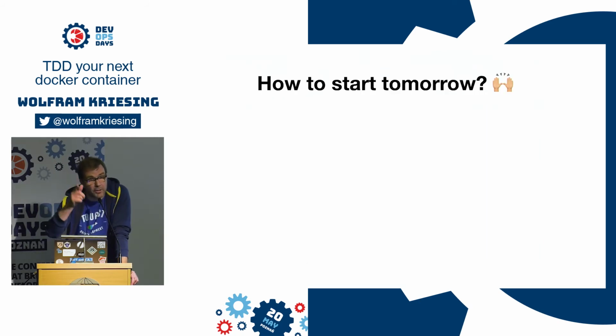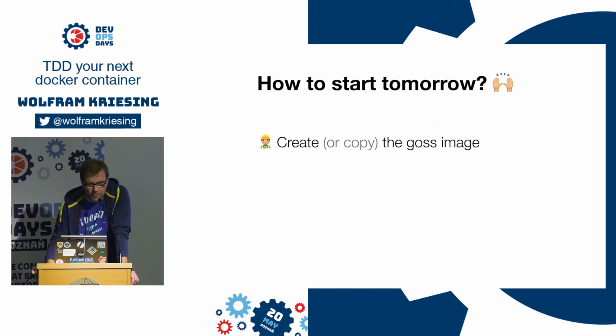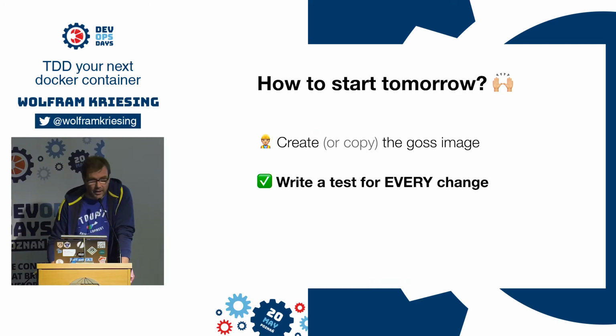How can you actually start tomorrow? It's a good exercise, I think, to create this Docker image the test-driven way, or you can just copy it for your next project and write a test for every change that you do from tomorrow on.